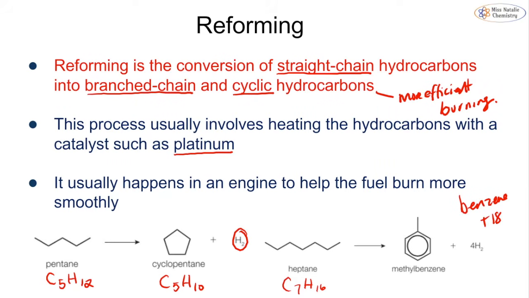And then we also remove some hydrogen here as well. So we're just reforming into a cyclic. And this one is not only cyclic, but it also has a branch as well. So it gives us more efficient burning.